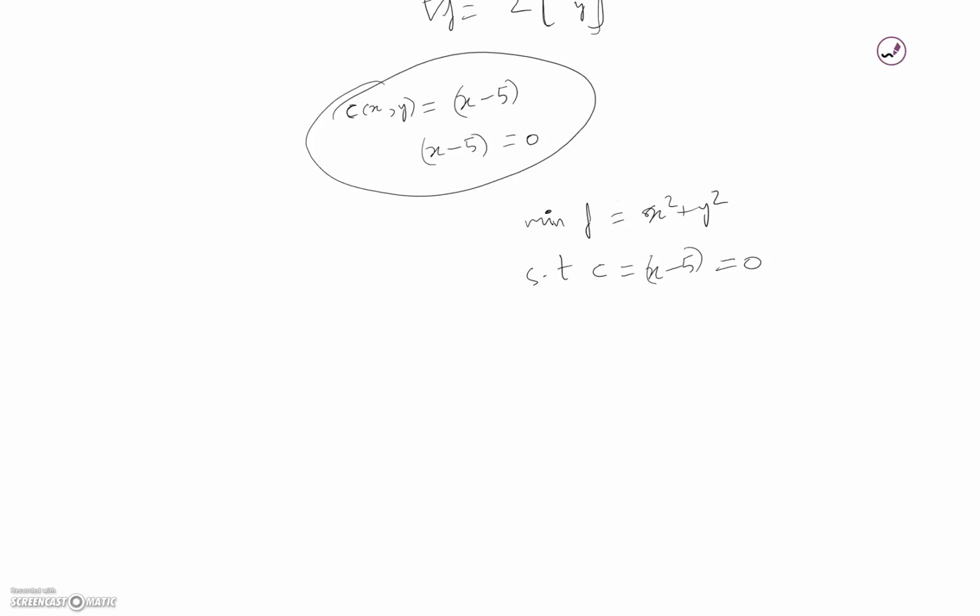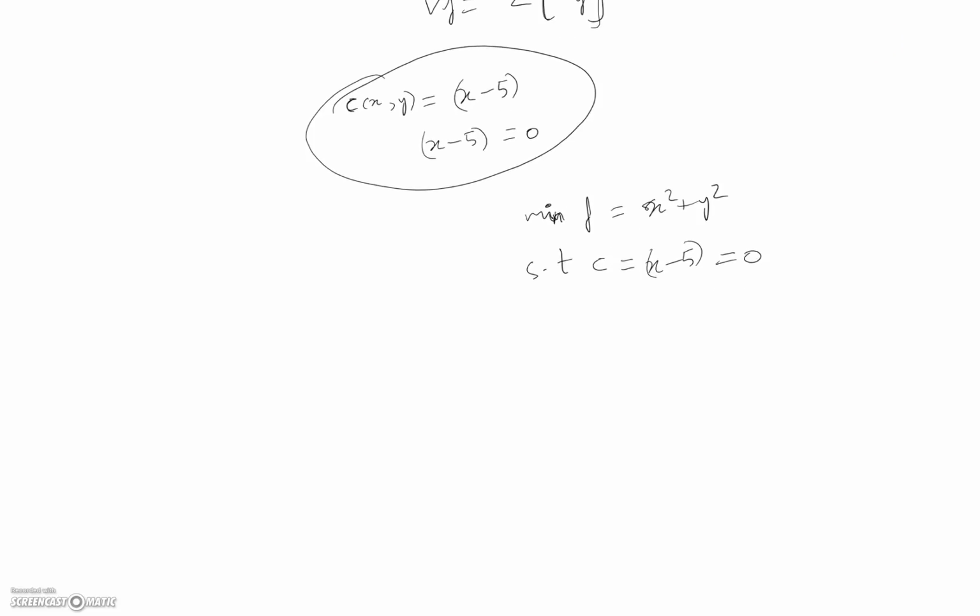And this is where we use a concept called Lagrange multipliers, which basically state that in order to solve this constraint optimization problem, and we are only taking equality constraints for now, you can generalize it to inequality constraints too.